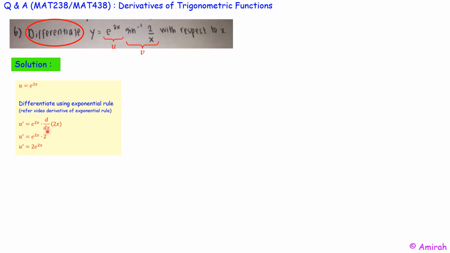First we copy e to the power of 2x, and then we multiply by the derivative of the exponent. We differentiate 2x, and we get 2, and we move the 2 in front. So we get u prime equals 2e to the power of 2x, right?